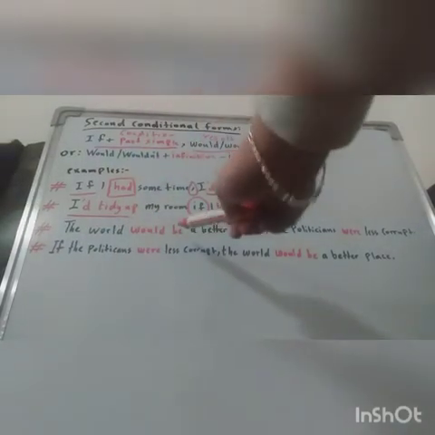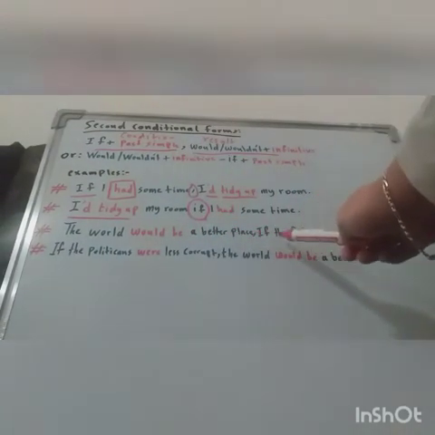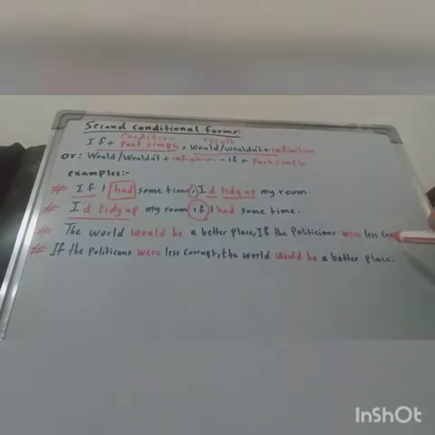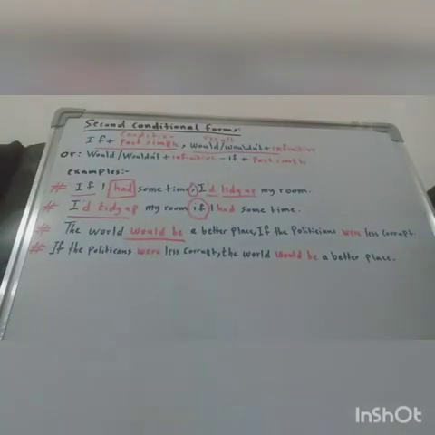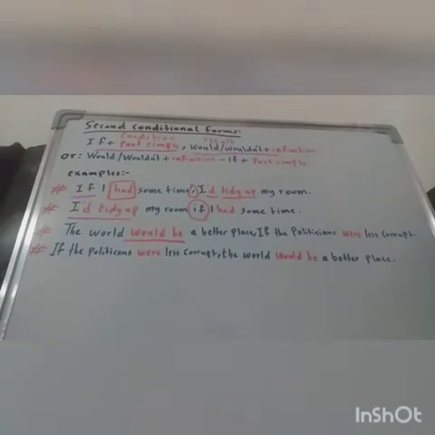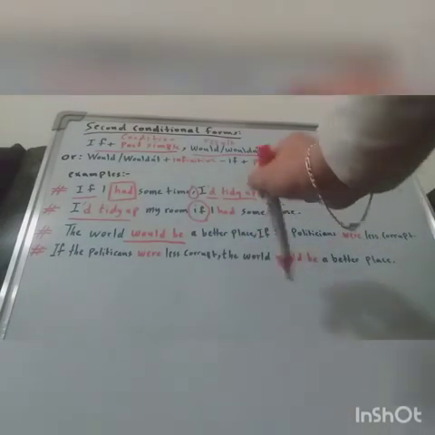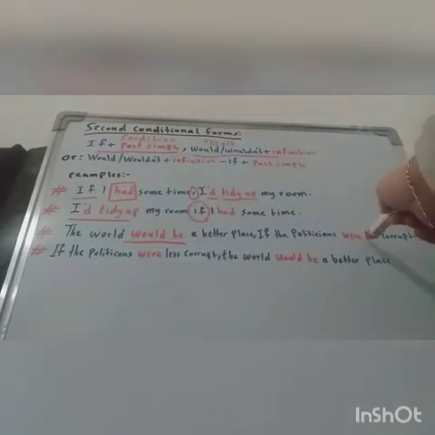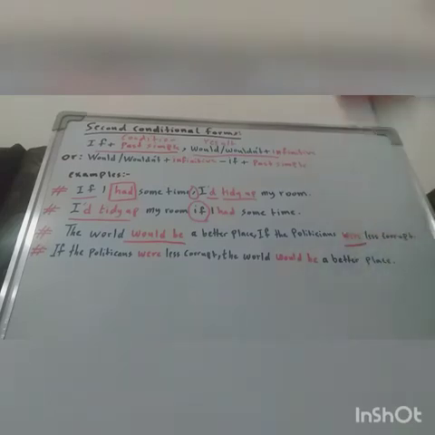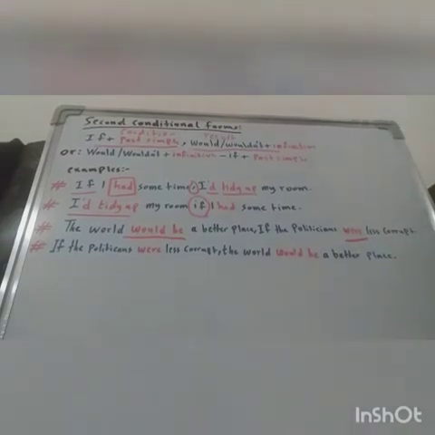The world would be a better place if the politicians were less corrupt. So I've begun the sentence with the result clause, so I've used would and the infinitive. And here's the if clause, where I've used the past simple form of the verb to be.